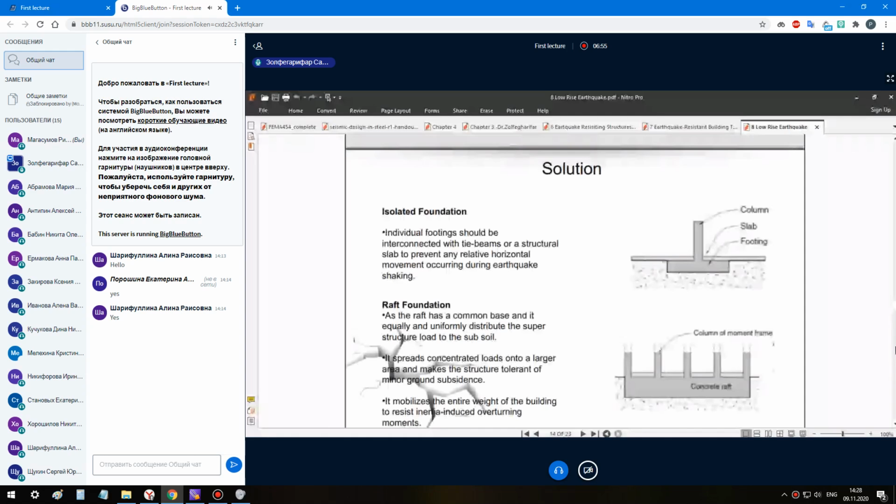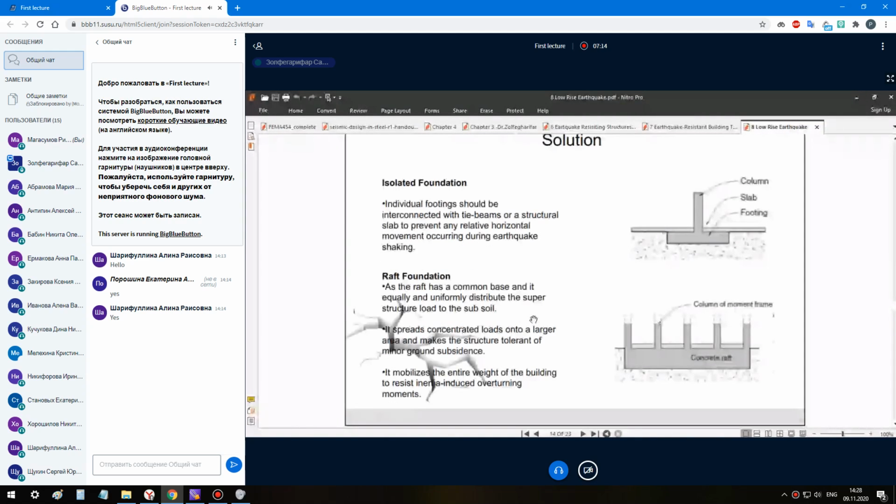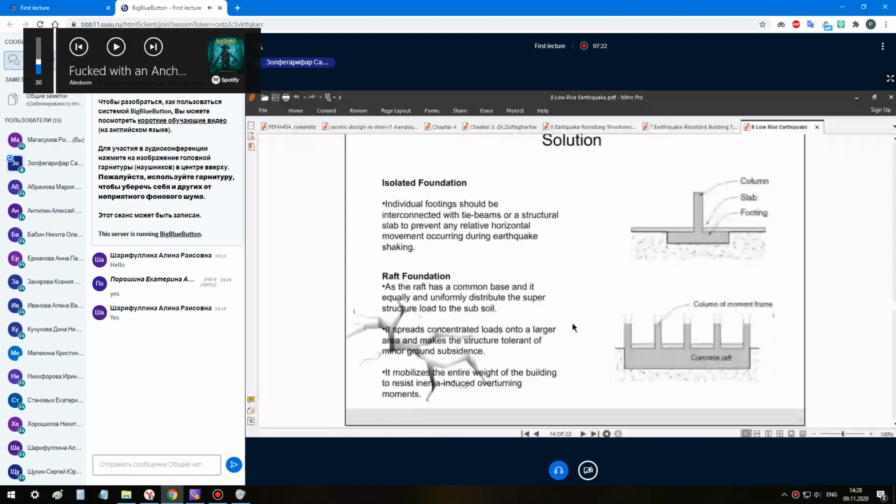In the second shape, it spreads concentrated load onto a larger area and makes the structure tolerant of uneven ground subsidence. It mobilizes the entire weight of the building, which resists inertia-induced overturning movement.